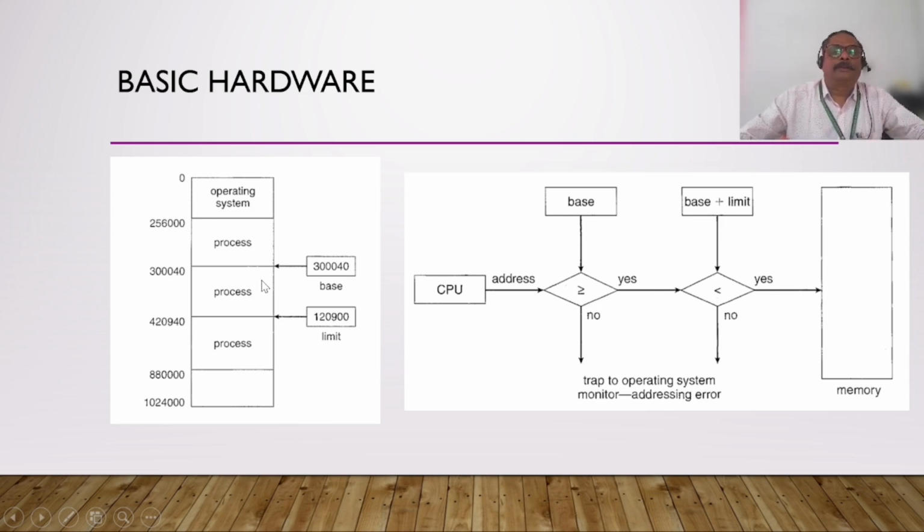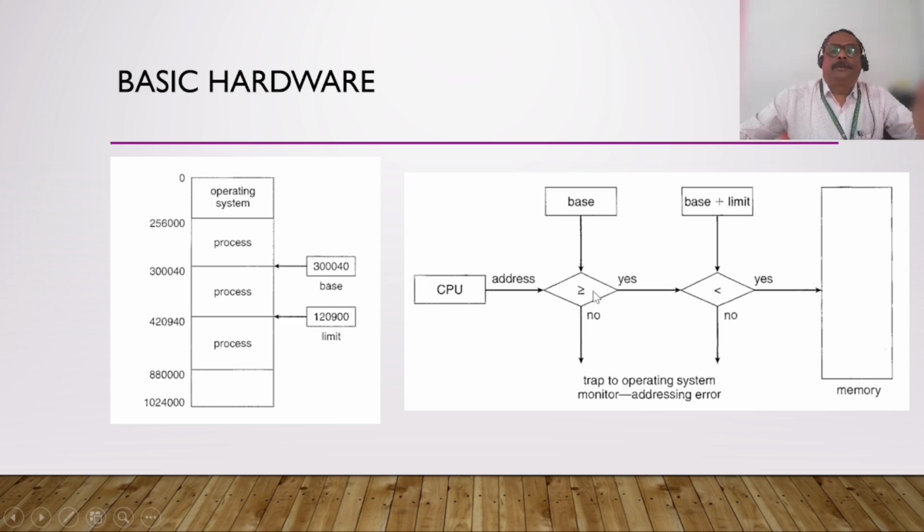If you are talking about something which is below this baseline, which means that you are talking about some other process, definitely it is going to disturb. One process is trying to access another process, which is not allowed. Therefore trap to the operating system, saying that it is trying to access a location which is beyond our limits.